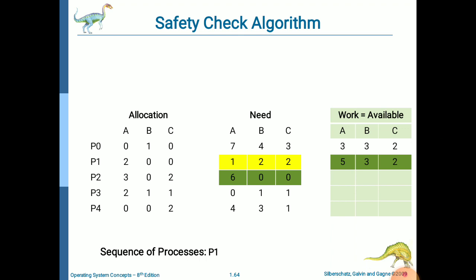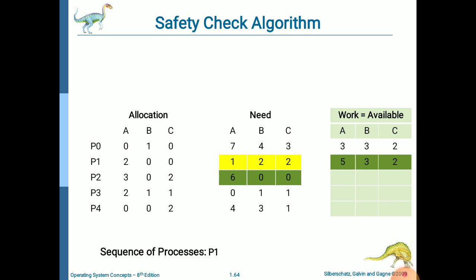Is it possible to fulfill the need of P2 with the available resources? No, because the resource A instances available are 5, but the need is 6. It is not possible to fulfill.